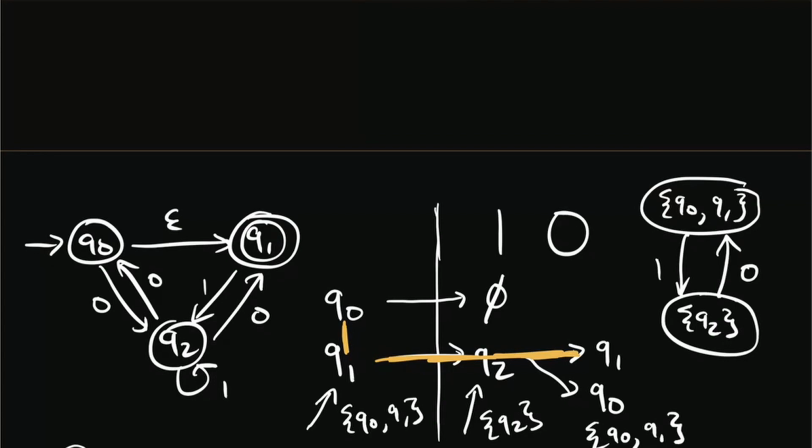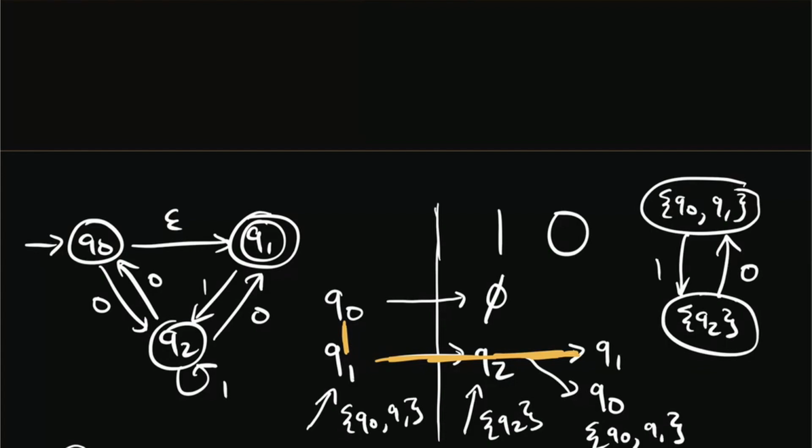No, it doesn't mean I should accept. So Q2 should not be final. What about Q0, Q1? Should that be final? Yeah, because at least one of the states is a final state from the NFA. Because Q1 was final, that means that this whole state must be final. Okay?